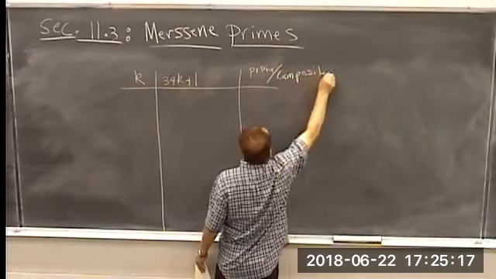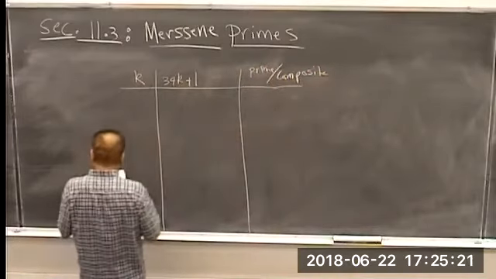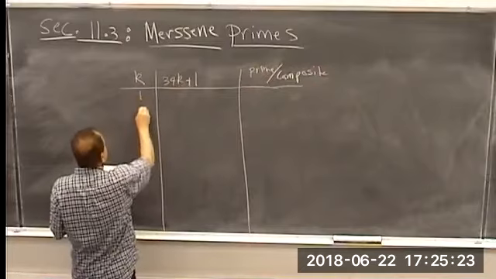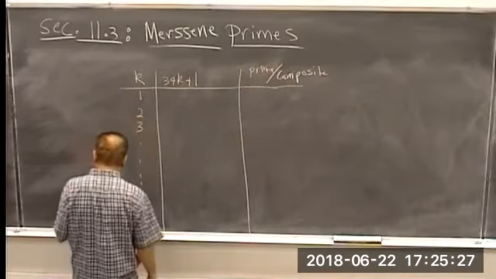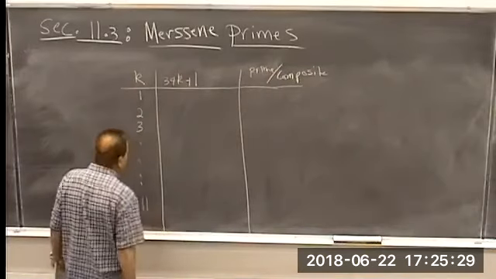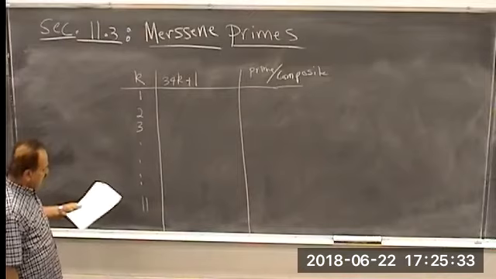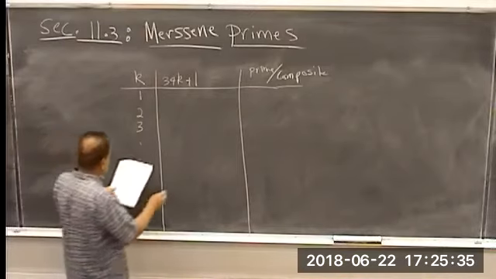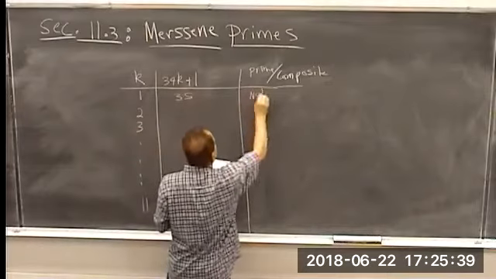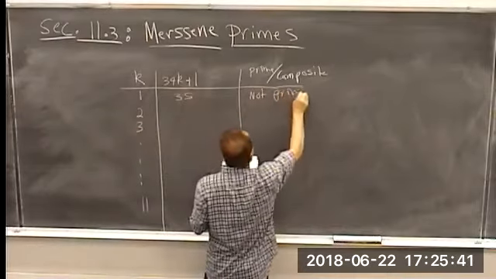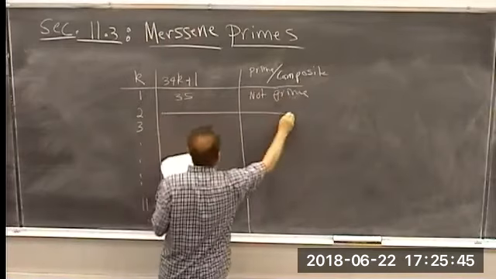We only want to look at the primes that we get out of here. So it looks like we're going to go 1, 2, 3, up to the last number that doesn't exceed 362, which is 11. All right, this one is 35. This is not a prime. You don't need to worry about it. 2 is not a prime.